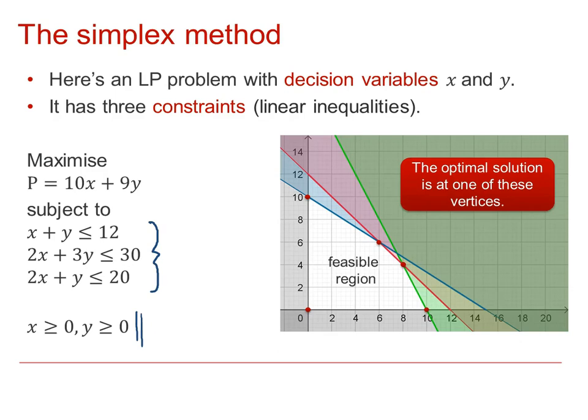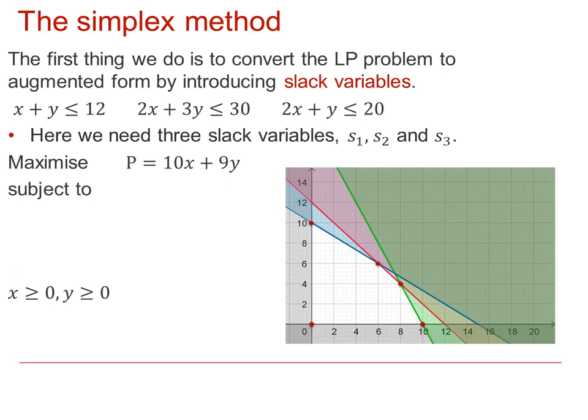The first thing we do, as we've already discussed, is to introduce the idea of slack variables. So for this case, where we've got three constraints, we're going to need three slack variables, S1, S2 and S3, so that our inequalities become x plus y plus S1 is equal to 12.